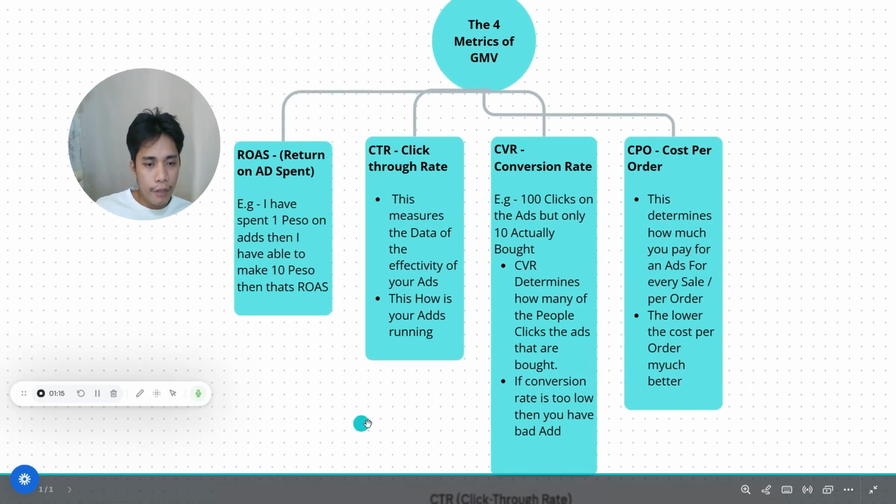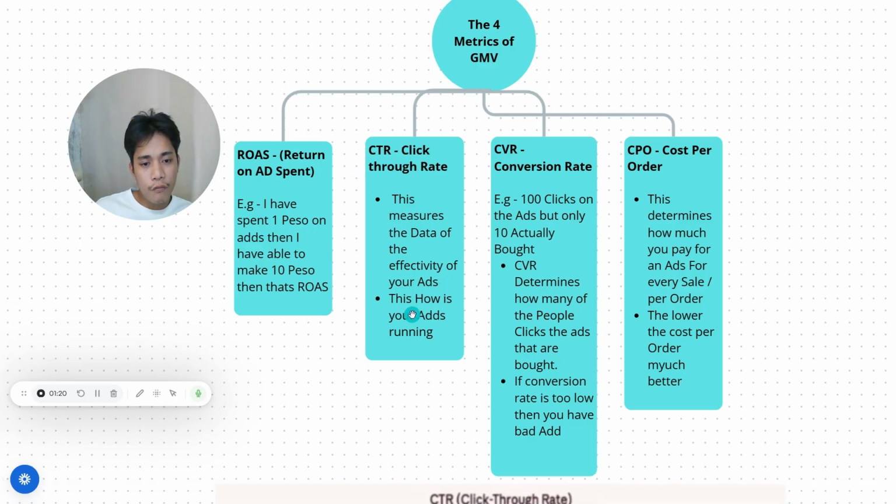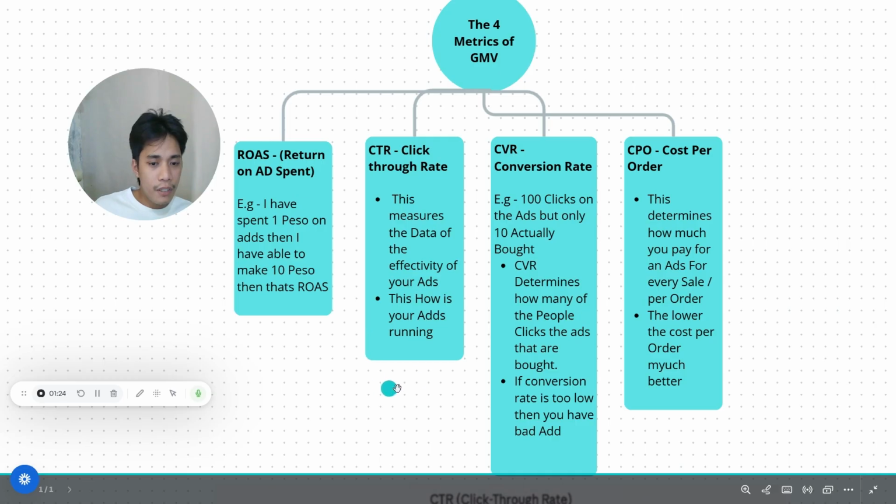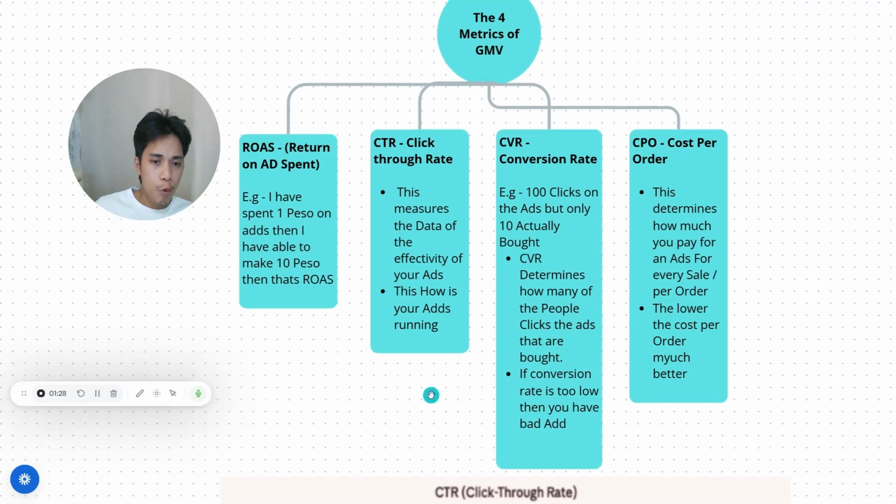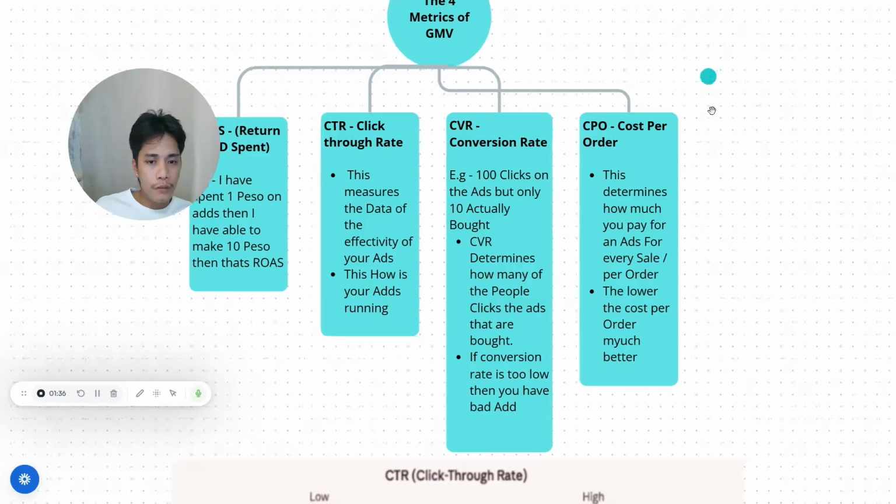And then click through rate, or CTR. This measures the effectivity of your ads, how your ad is running. Here you can determine if your ad is appealing to some people. CVR is conversion rate. For example, 100 clicks on the ads, but only 10 actually bought the product.